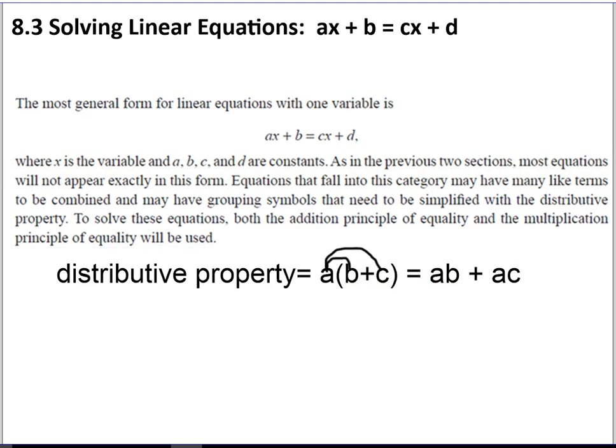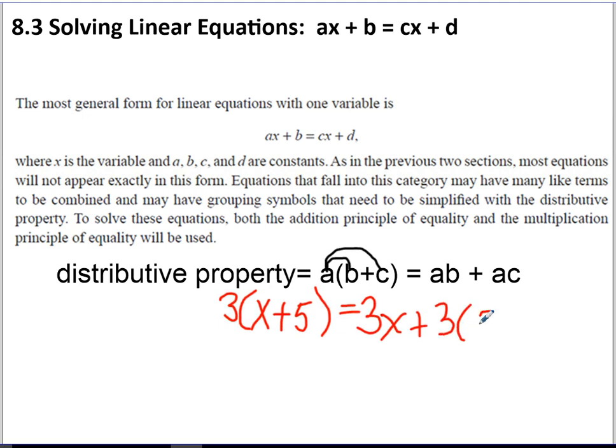So for an example, if we had 3 times x plus 5, for example, what we're doing is the 3 times the x plus the 3 times the 5, which will give us just 3x plus 15 when we multiply what we can, which is the 3 times the 5.